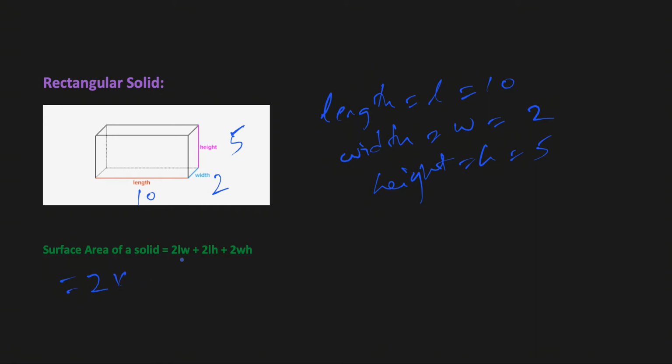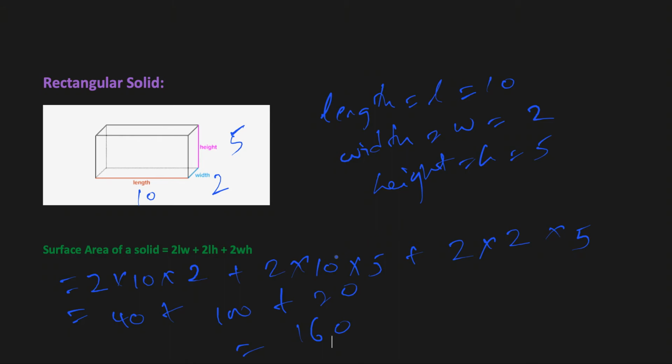So 2 times length 10 times width 2, plus 2 times length 10 times height 5, plus 2 times width 2 times height 5. So if we solve this, we get 40 plus 2 times 50, 100, plus 10 times 2, 20. And if we add all this, we get 160.